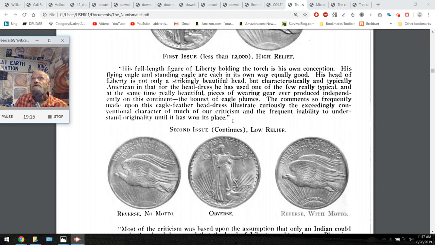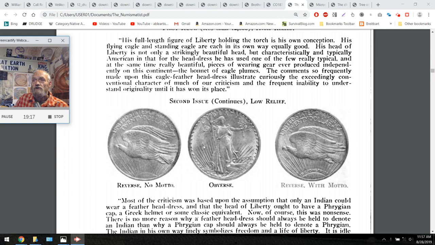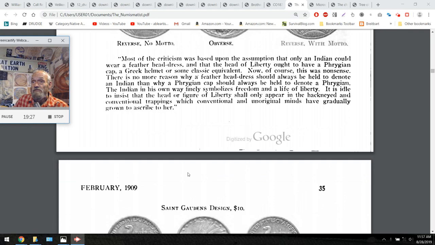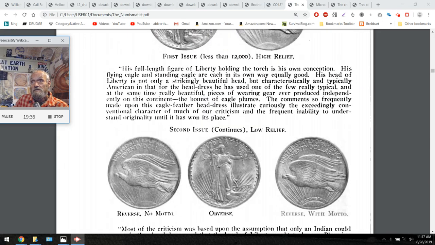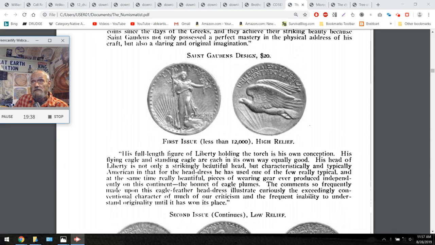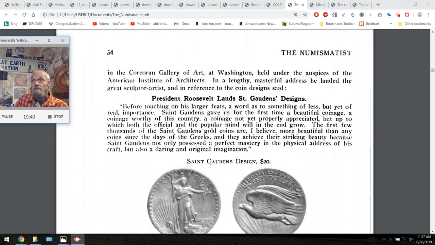Yeah, so that was the first high relief. These are called a low relief, no motto. And they said, nope, you're putting it in there. So some of them got it in there. And 1907, that was the change. 1908, I believe.